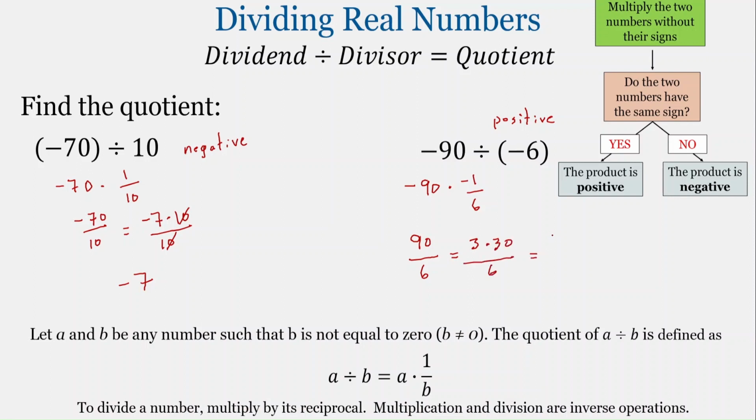And then that becomes 3 times 5 times 6 all over 6. This cancels out. Leaves us with 3 times 5, which is equal to 15. So we have converted division into a fraction, and then we simplify down our fractions.